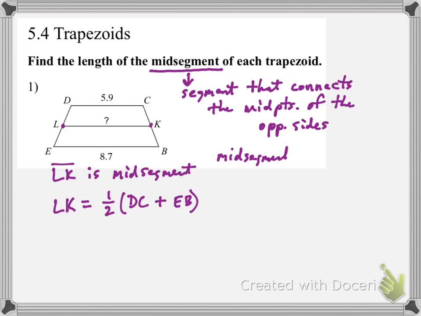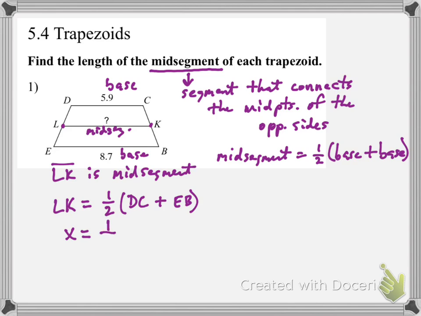The midsegment is 1/2 base plus base. Now, these letters I'm using because this is my problem. So I've got a base here, a base here, and my midsegment there. Well, LK I don't know, so that's X.